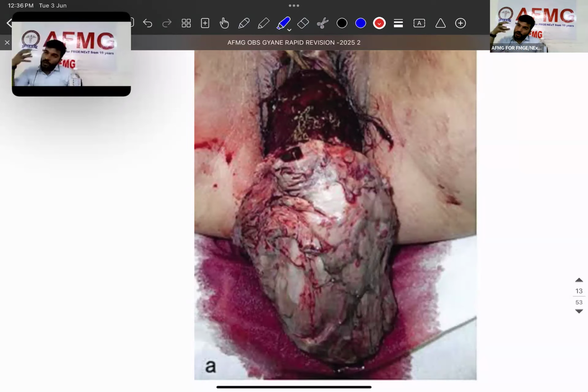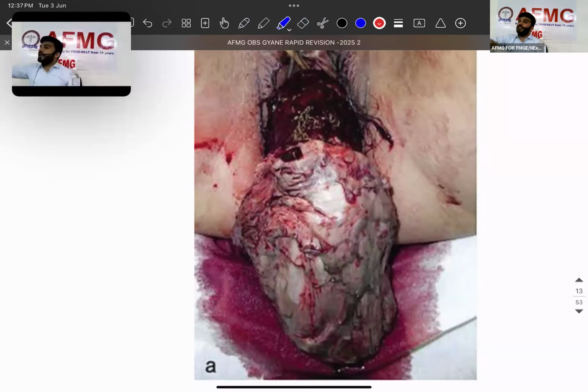Now, in order to prevent these complications, the best question they can ask: the best method to prevent postpartum hemorrhage is what? AMTSL. What is AMTSL? Active management of third stage of labor. Forget everything. At least you know from where exactly postpartum hemorrhage is coming, and from where exactly uterine inversion is happening.